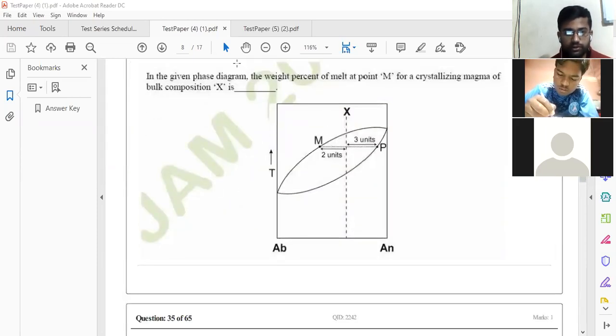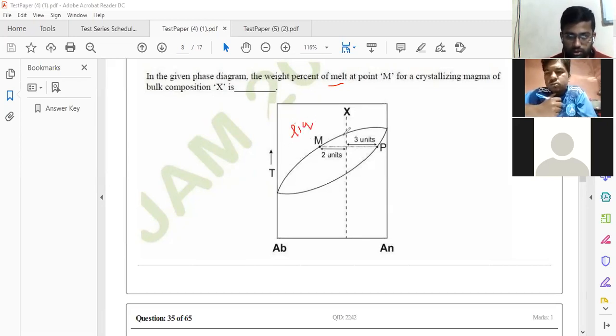Now here, in the given diagram, the weight percentage of melt at point M for a crystallizing magma of bulk composition X. Okay, you need to calculate the weight percent of melt. Okay, I already told you if you are calculating for melt, then you need to consider the value which is attached to the solidus. Okay, so this is your, here you have liquid.